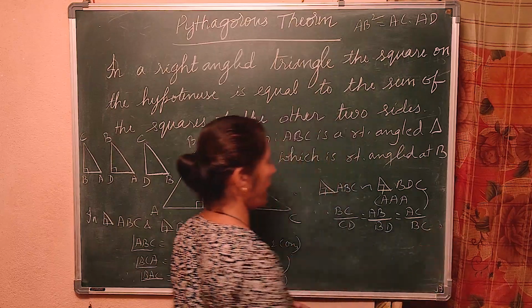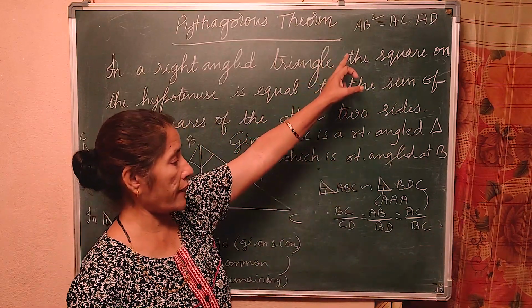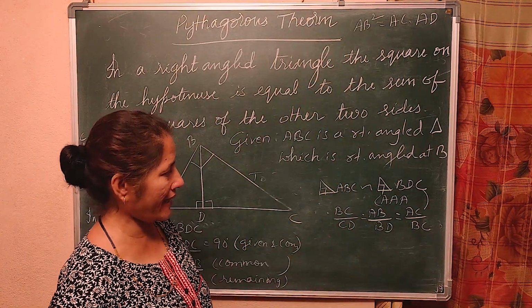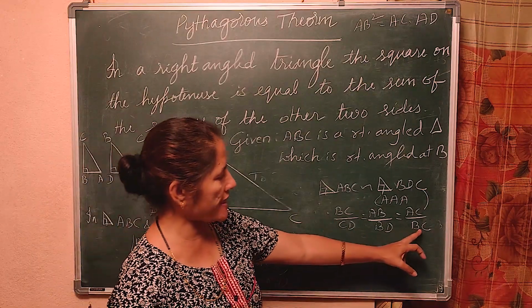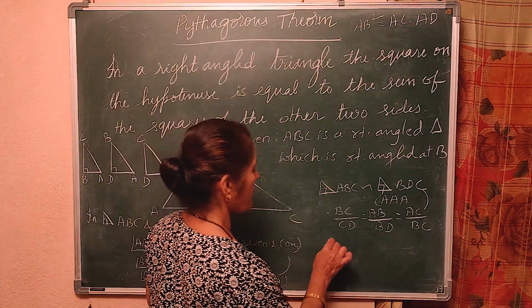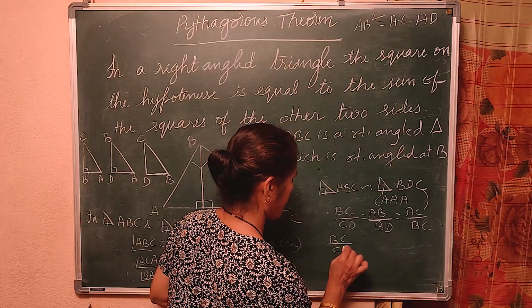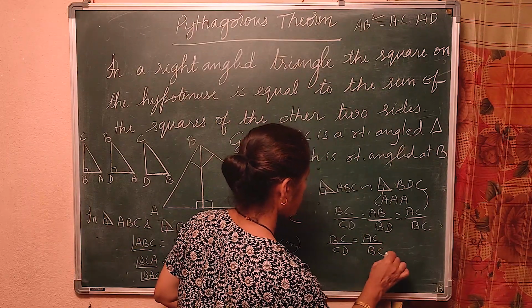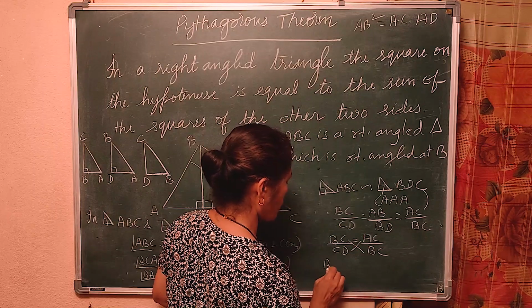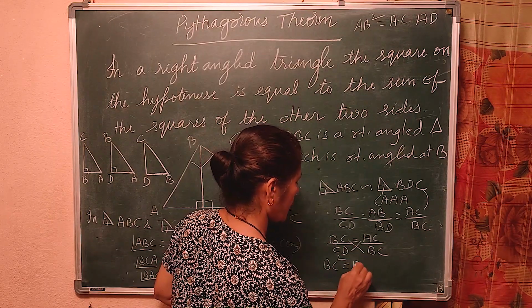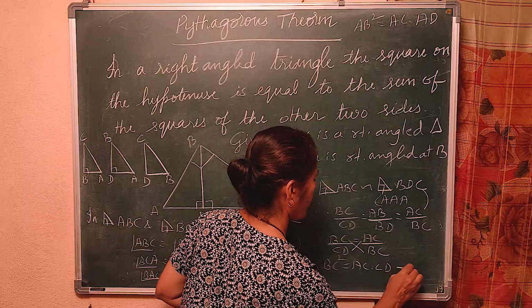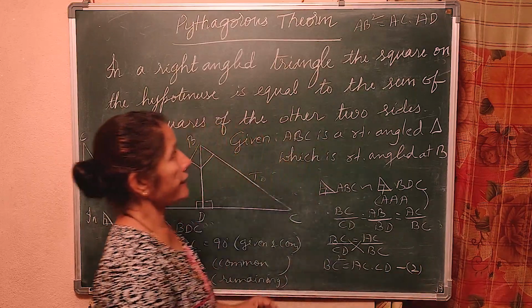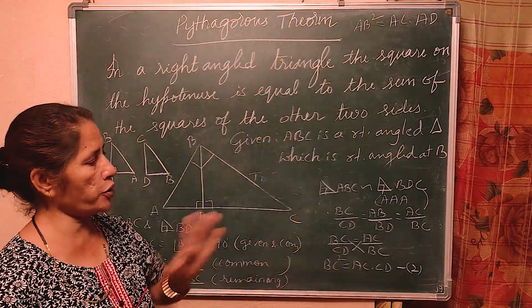Now I have to get, here I got AB square, maybe I have to get BC square, right? See, if you take the first one and third one, I get BC by CD is equal to AC by BC. BC square is equal to AC into CD. I call it as 2. That one 1 and that one 2.